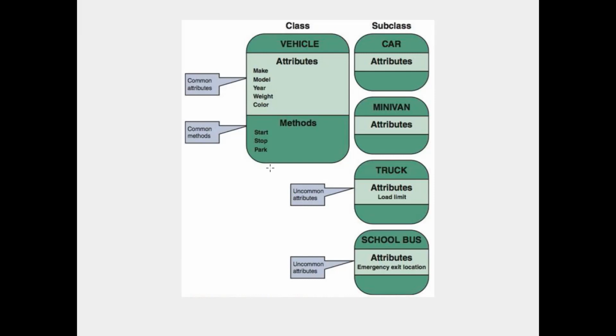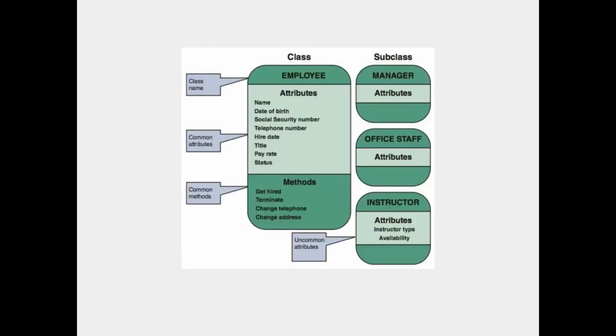Whatever attributes are here, we call common attributes. Whatever methods are here, we call common methods. And here, for example, is an uncommon attribute.